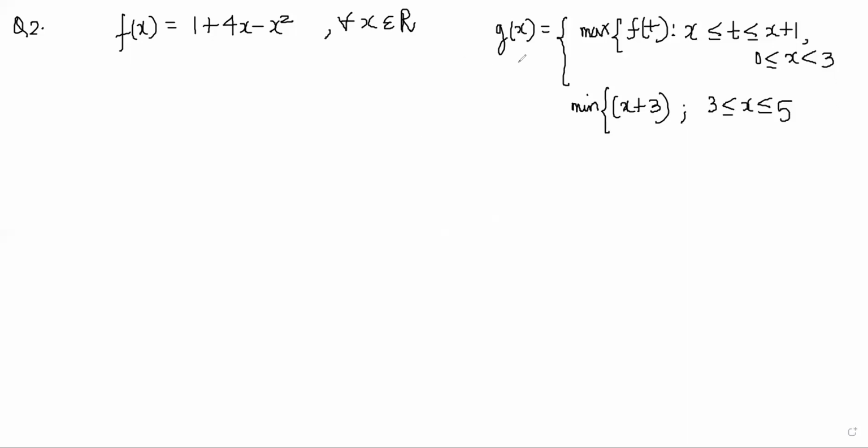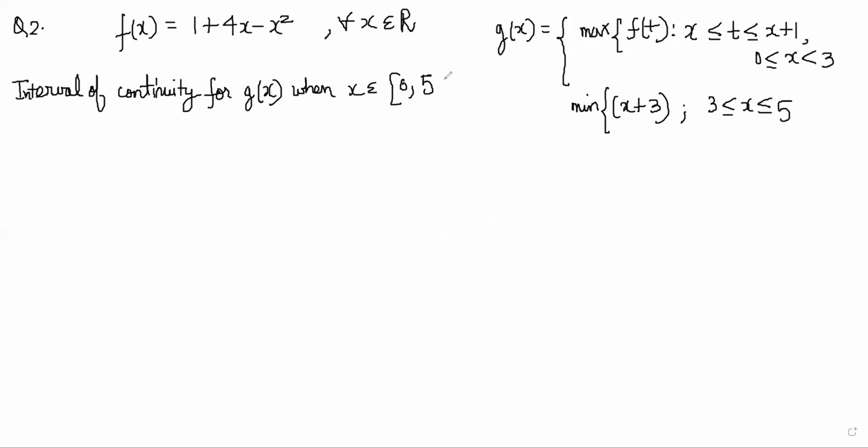So gx is weird, fx is normal, and you have to find the interval of continuity for gx when x belongs to 0 to 5. In 0 to 5, where is gx continuous?